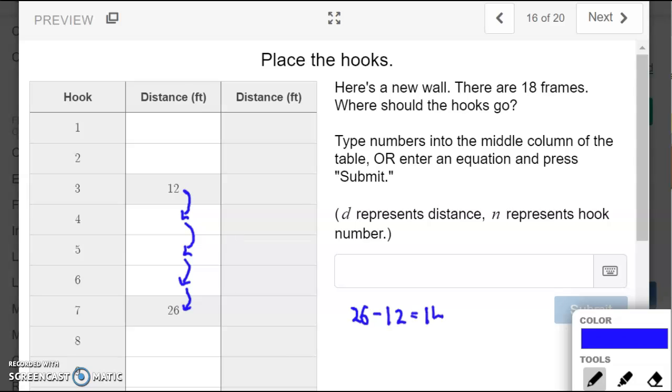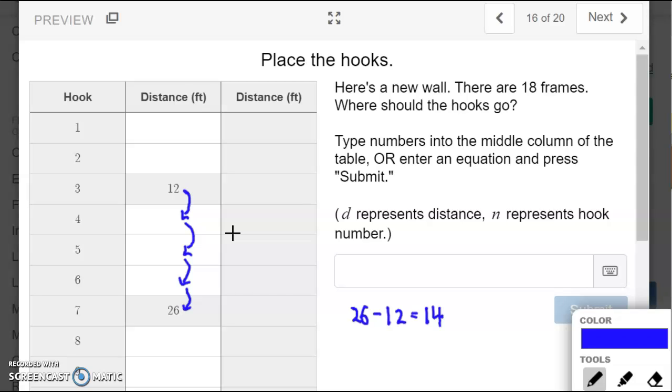14. That means we need 14 divided by 4 because we are adding it 4 times to go from 12 to 26. You might think it's 3 because we have 3 missing numbers, but if I do 3, then that's not going to work out.